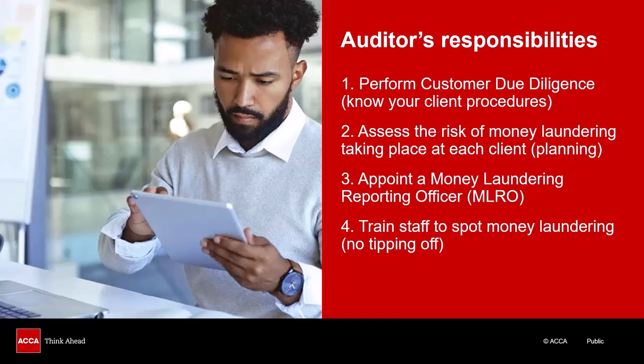Because the second that you let the client know that you're onto them, they start burning documents and shredding things and destroying the trail. So if you suspect money laundering, you do not go to the client and talk about it. What you do instead is you report it to someone internally at the audit firm. Can you guess who that is? Of course, it's the MLRO, the Money Laundering Reporting Officer.